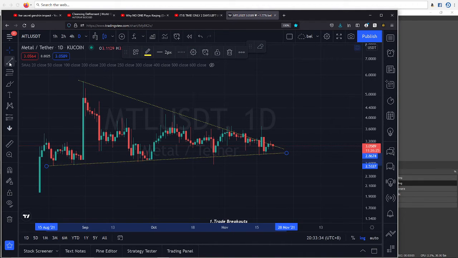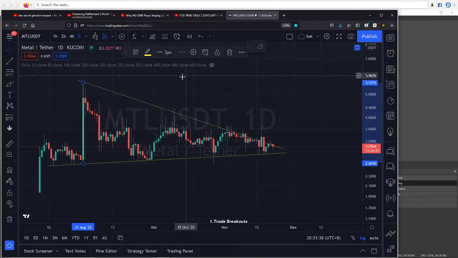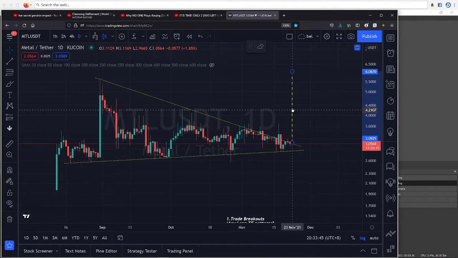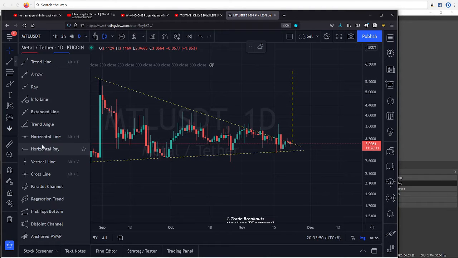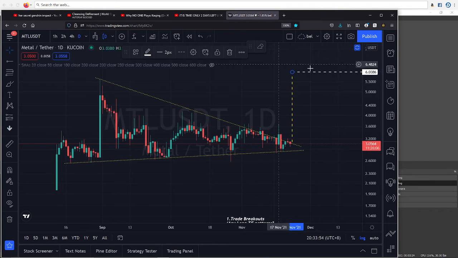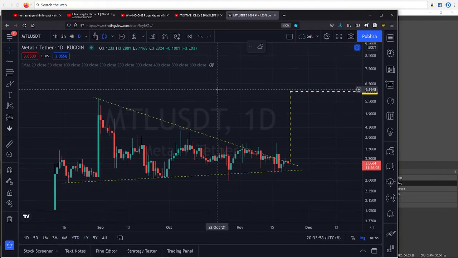A very conservative target can be here. If it does break out in the next daily candle, this could be your possible target that you can look out for. Remember, we're just looking out for breakout opportunities that we can trade.